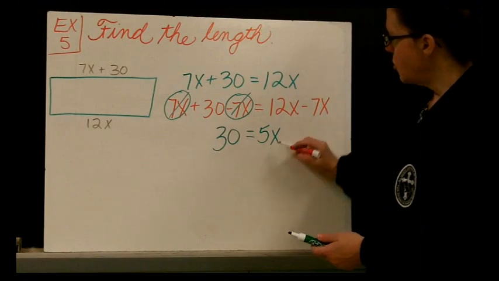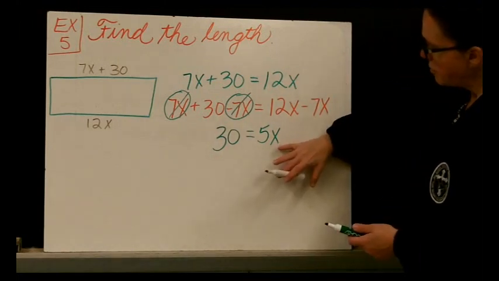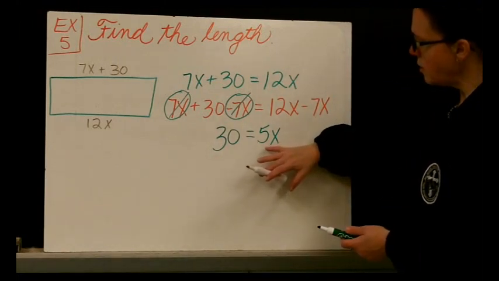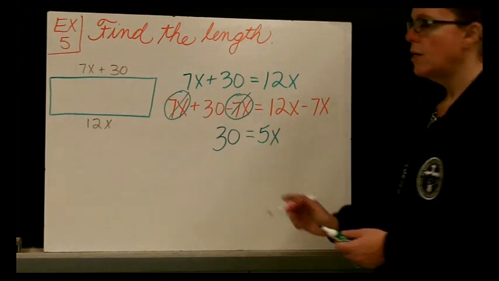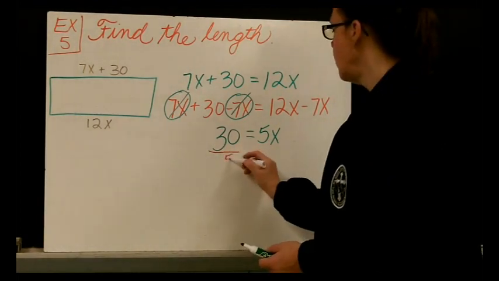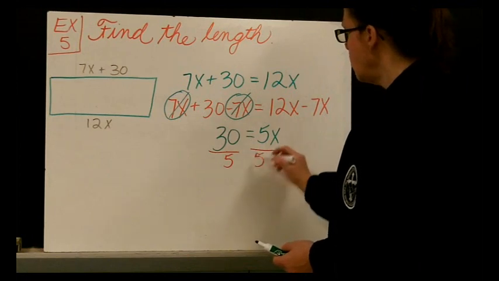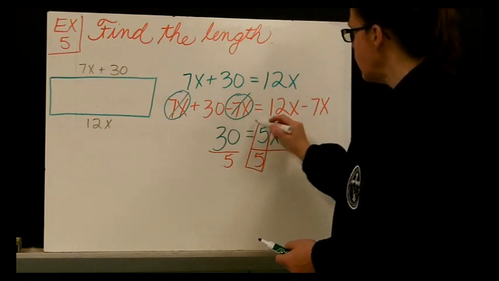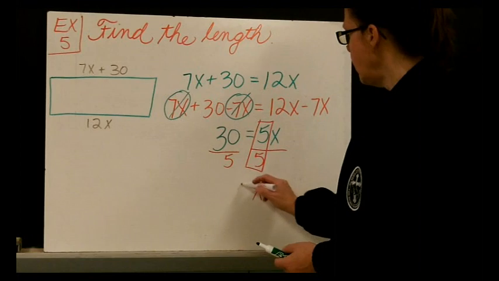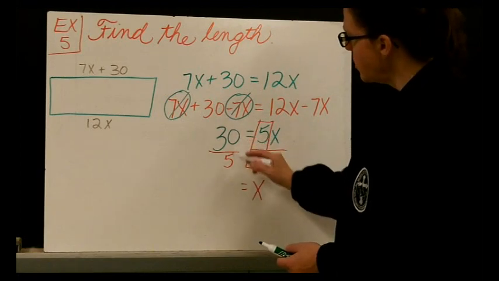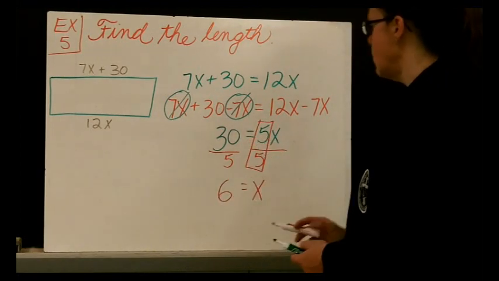Then what we need to do, see right now, we see that the x is being multiplied by 5. So we need to divide by 5, because that will get the x by itself. We have x equals 30 divided by 5 is 6.